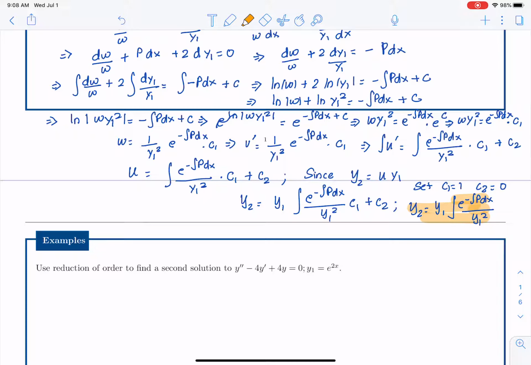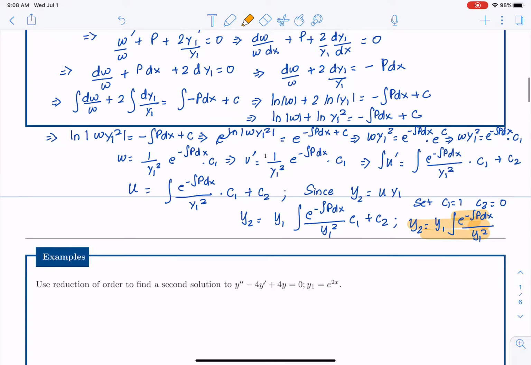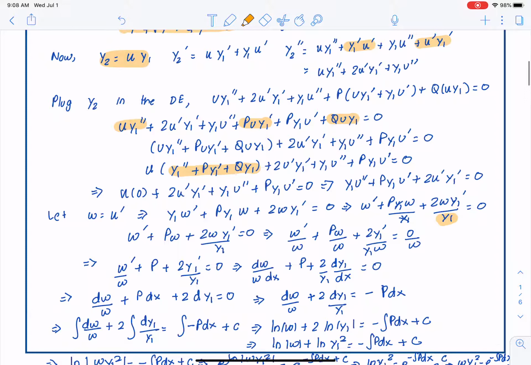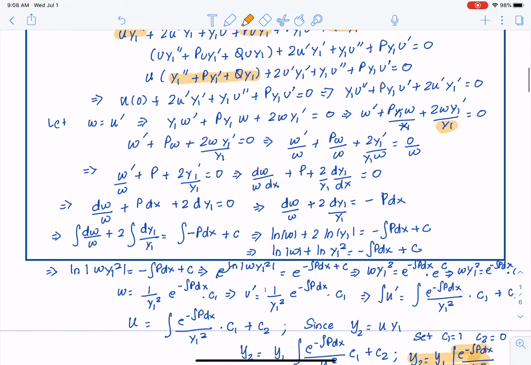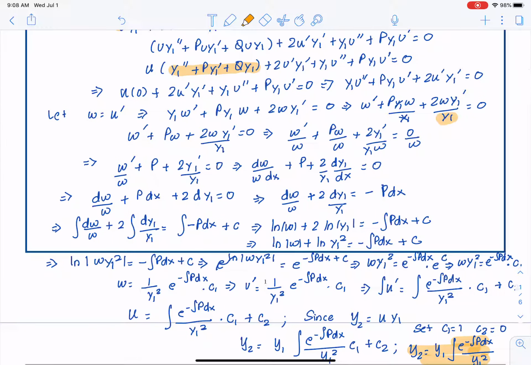So it's a lengthy process, but typically what we have to do is find the value of p, and once we find p, we just have to plug it in that formula, and we can readily get the answer, y2. So where did the reduction of order happen? When doing all these substitutions, I eventually ended up with an equation which is right here, and that is a first order DE in w.